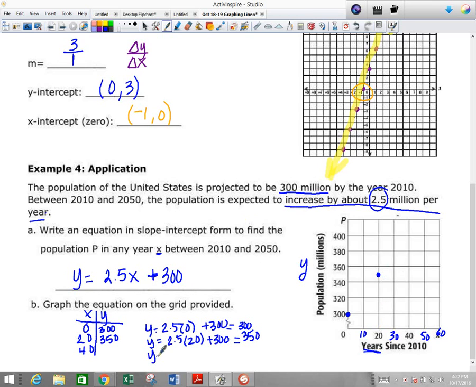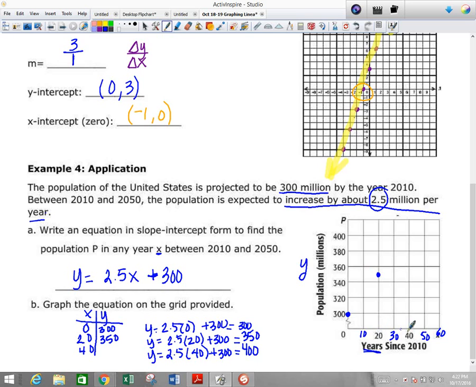Then when x is 40, or when it's 2040, because we're still talking about the year, okay, 2.5 times 40 is 100, and 100 plus 300 gives you 400.